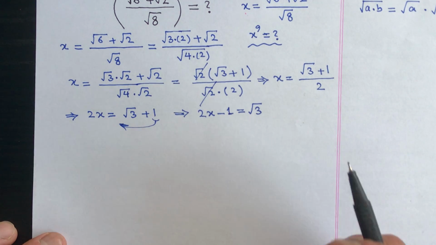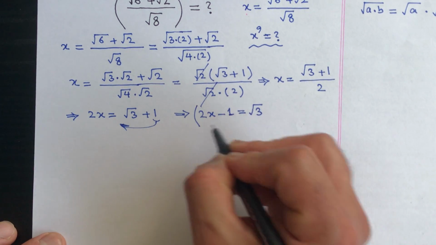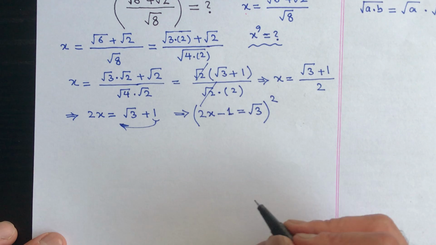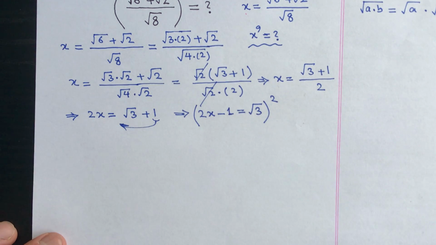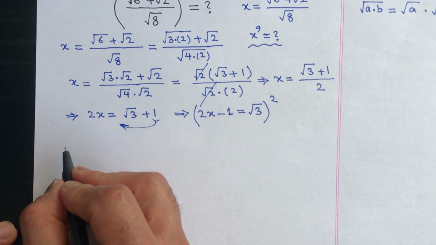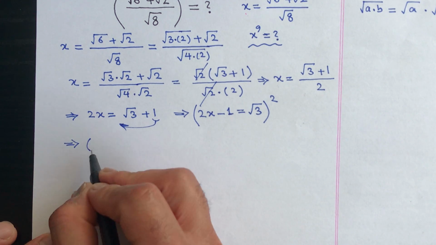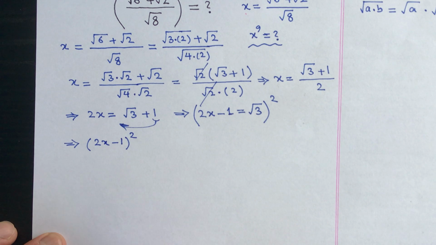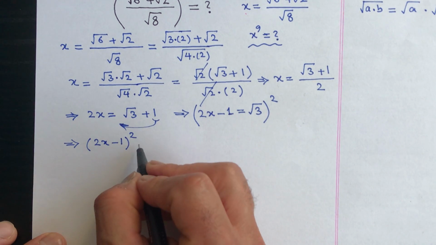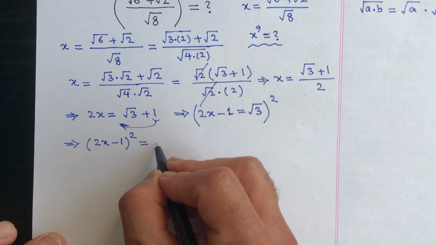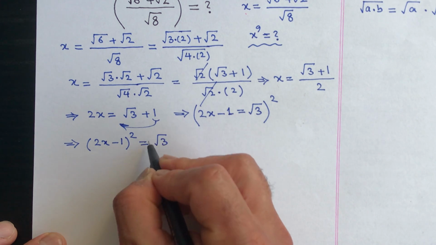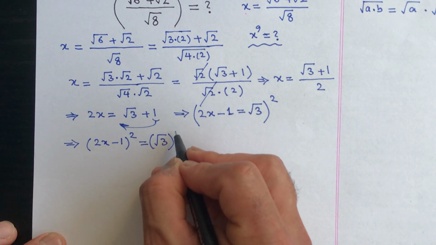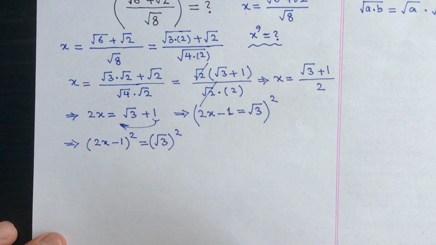The best way is to raise both sides to the power of 2. And now from the left side, 2 times x minus 1 raised to 2 equals square root of 3 to the power of 2.